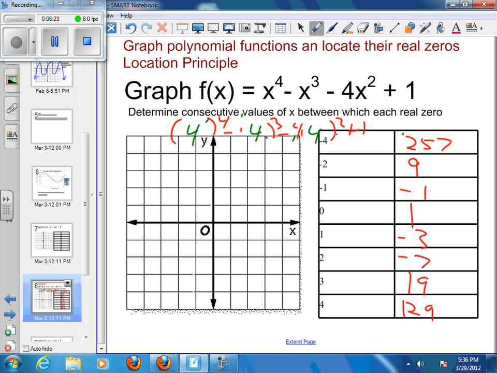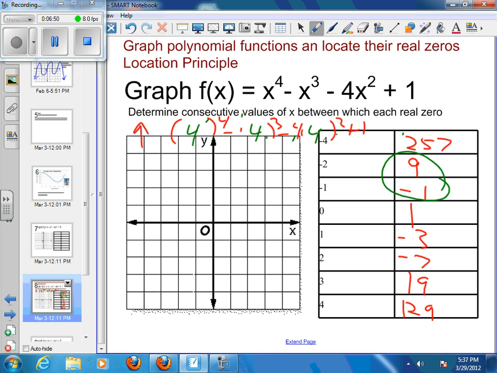So then I want to plot these points. At -4, I'm at something really huge, way up there. And then at -2, I'm at 9, so I'm still up there. And then at -1, I went from positive to negative, so there should be a 0 there. At some point between a 9 and a -1, I have got to cross through my x-axis.